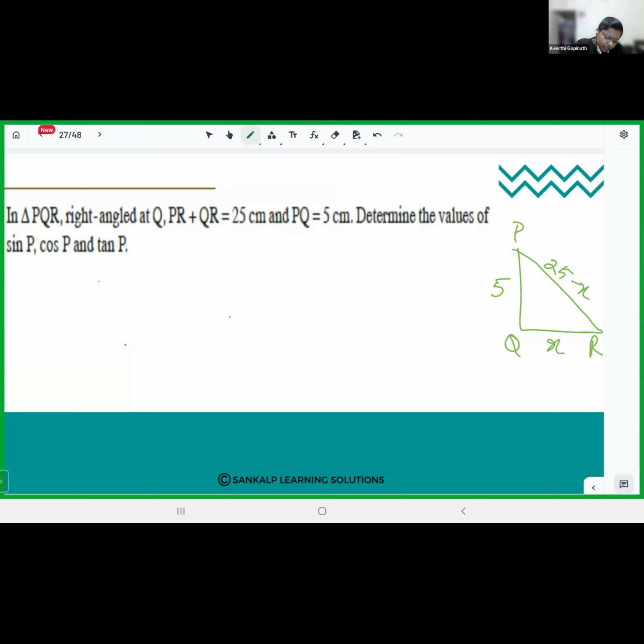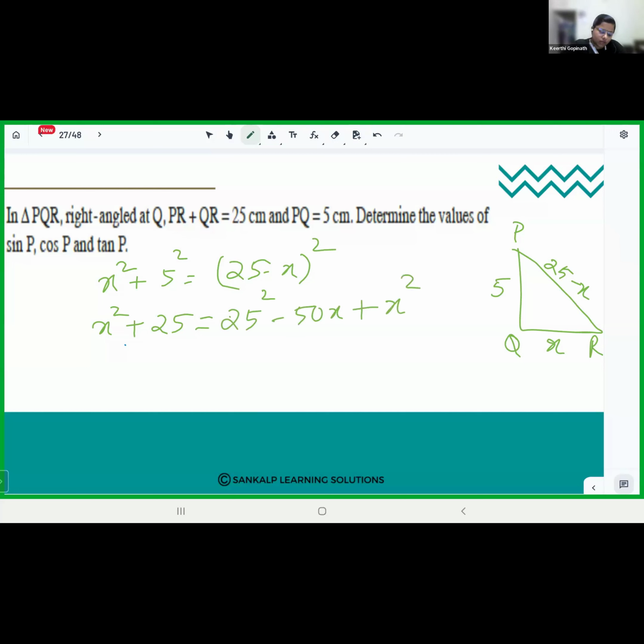We can write X square plus 5 square is equal to 25 minus X the whole square. So X square plus 5 square is 25 plus X square on the left, and the right side you can expand using A minus B the whole square, which is A square minus 2AB plus B square, right? So this will become 25 square minus 2 into 25 into X, that is 50X, plus X square.